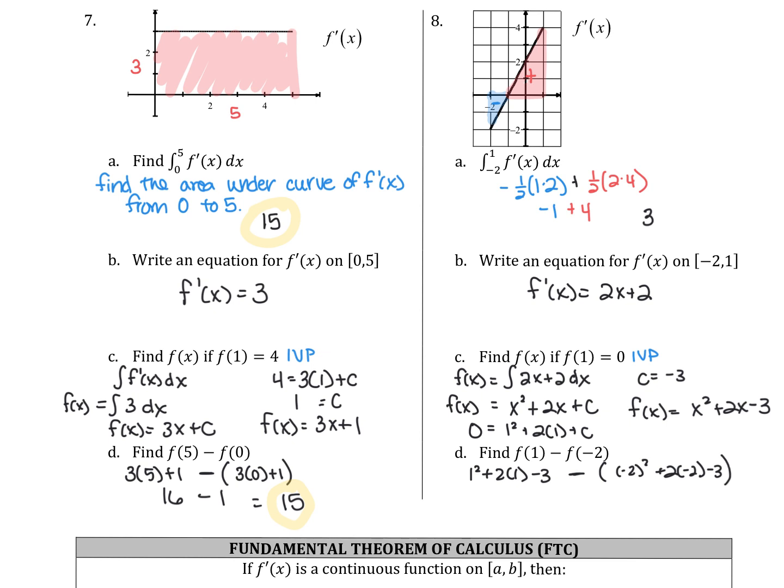Doing this math, let's see what we get. 1 squared plus 2 is 3, minus 3 is 0, minus, inside here we get 4 minus 4, which is 0, minus 3. So the end result is 3. Here's that curious thing again where the integral was equal to those two numbers. This, my friends, is the fundamental theorem of calculus.